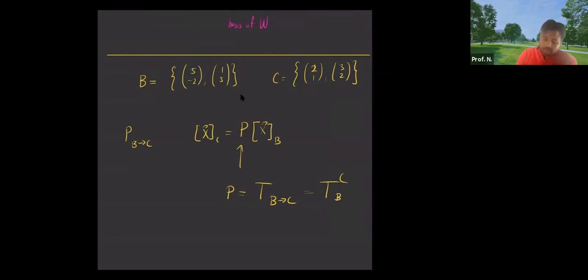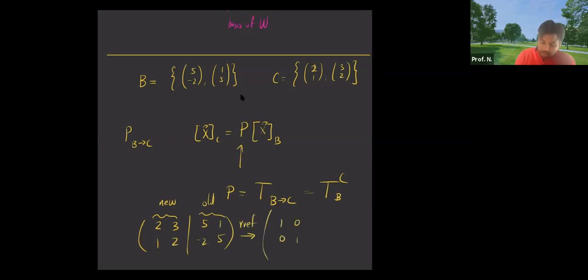And so from here, it should be quite straightforward, shouldn't it? The new is 2, 1, 3, 2. Then the old is 5, -2, 1, 5. Then find the row reduced echelon form of this matrix. And what would I get? I get 1, 0, 0, 1. Why am I so sure? Because these are linearly independent.